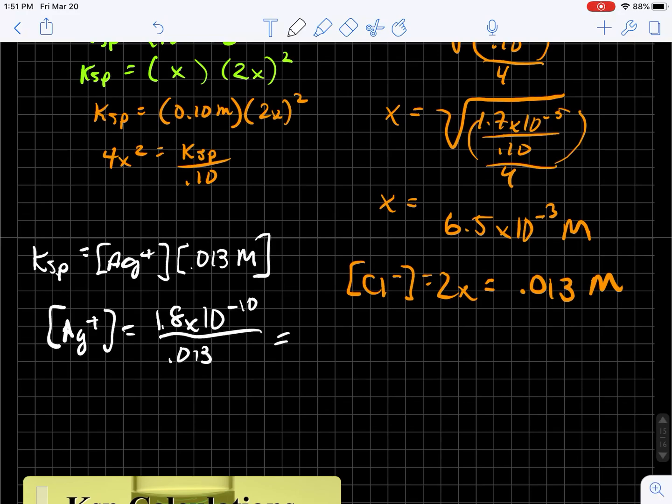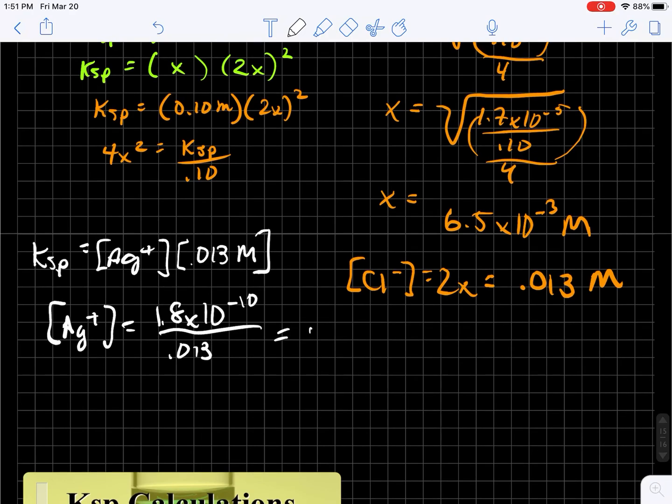And we'll divide that by the chloride concentration at that point, and we get a silver concentration of negative something. Okay, I must have hit the wrong button. 1.8 exponential negative 10 divided by 0.013. Okay, this is more reasonable. 1.4 times 10 to the minus 8 molar.